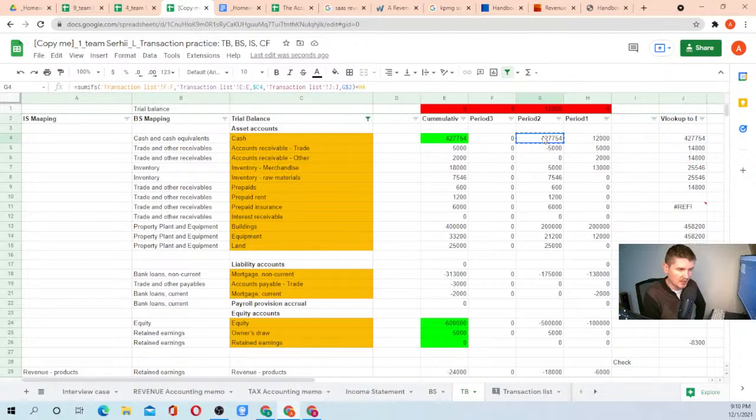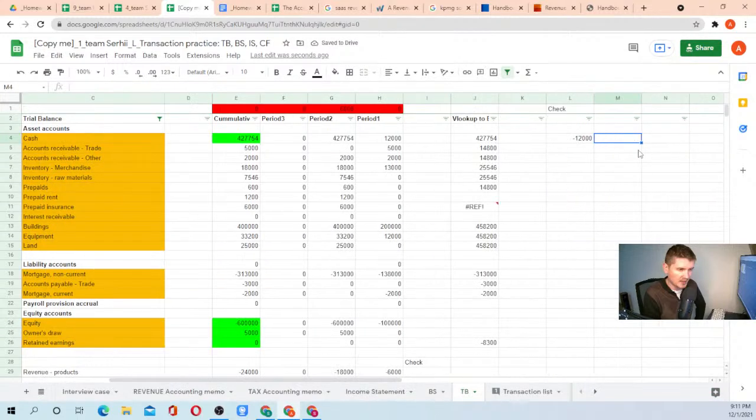So my last period available balance sheet should be the same as a cumulative balance sheet. And that check should actually look different. It should be my cumulative balance sheet minus my last available balance sheet.